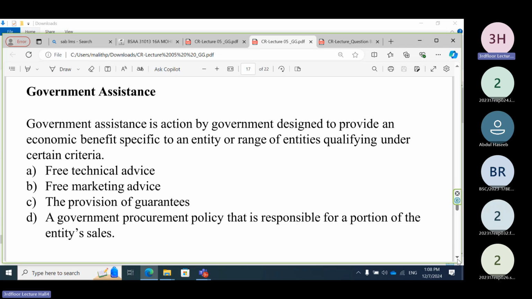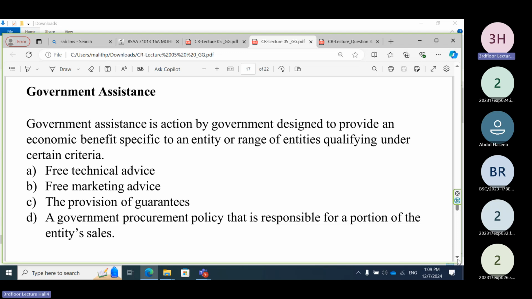It's a kind of free technical advice, free marketing advice, a provision of guarantees, right? A government procurement policy that is responsible for a portion of the entity's sales. Yeah. So those are some kinds of assistance, not a direct financial gain. It's a specific benefit to the entity. That benefit may be an assistance, a support. That's a specific support, not a general support.